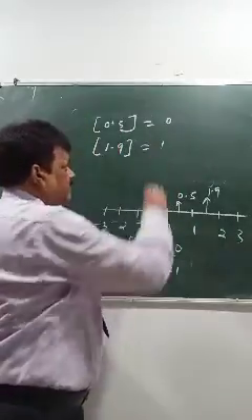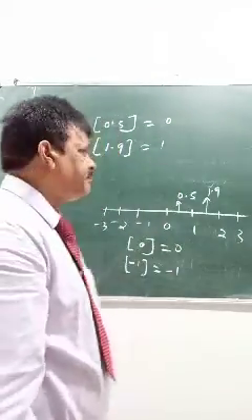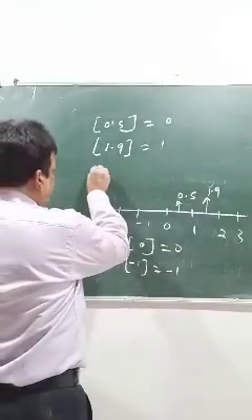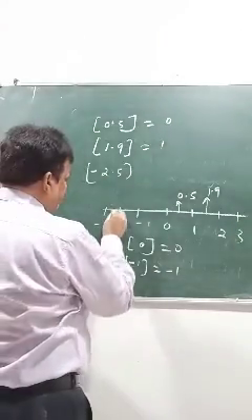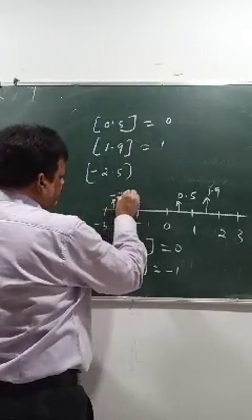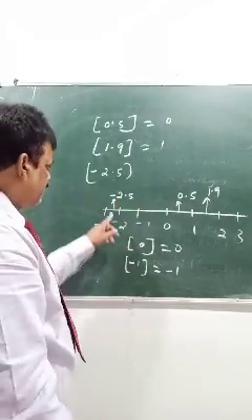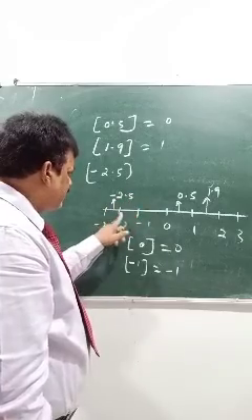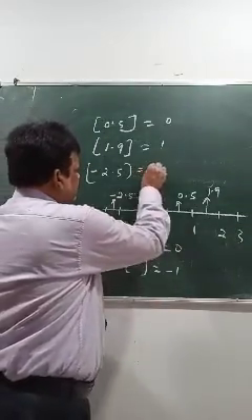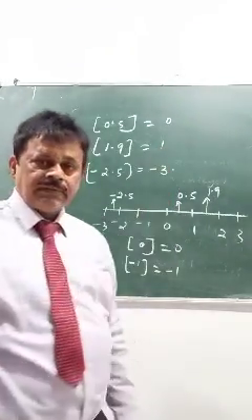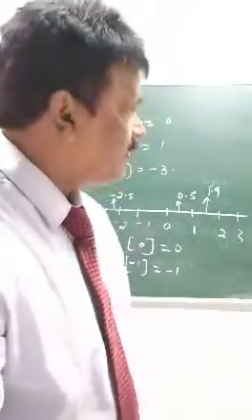So this value is 1. Okay. What about -2.5? Where is -2.5? It is here. If I take this integer, it is bigger, so the value has to be smaller. That is -3. So this discussion we will do today.